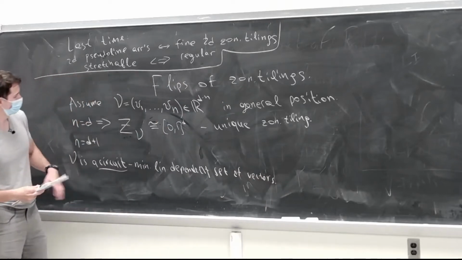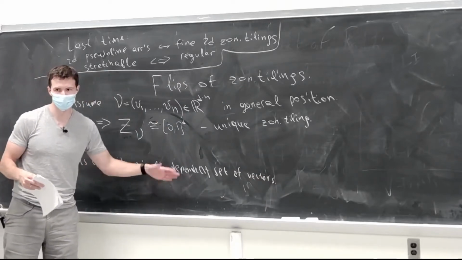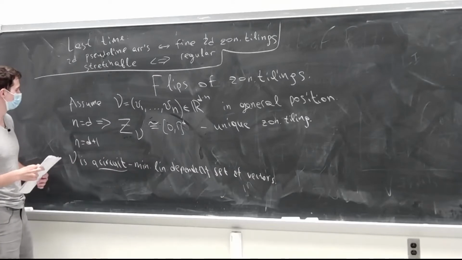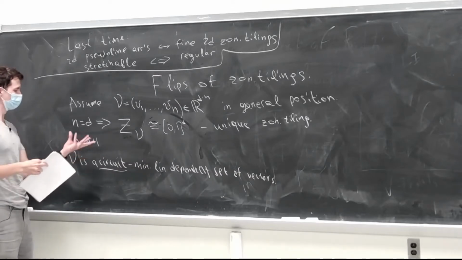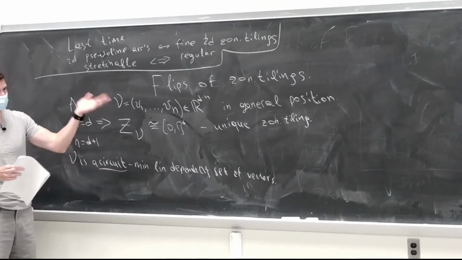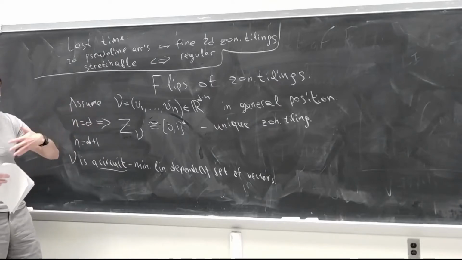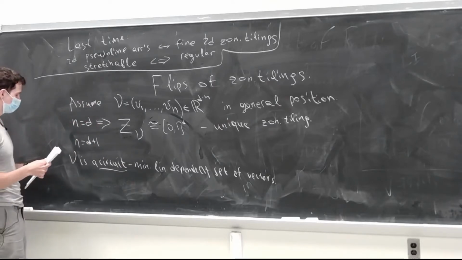For point configurations, we had minimal affinely dependent sets. Here it's linearly dependent, which is consistent with the correspondence I mentioned between point configurations and vector configurations.